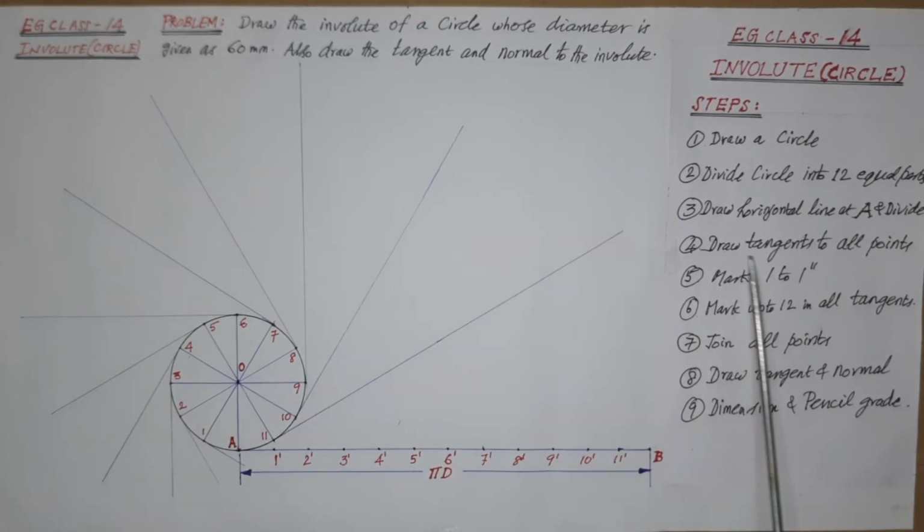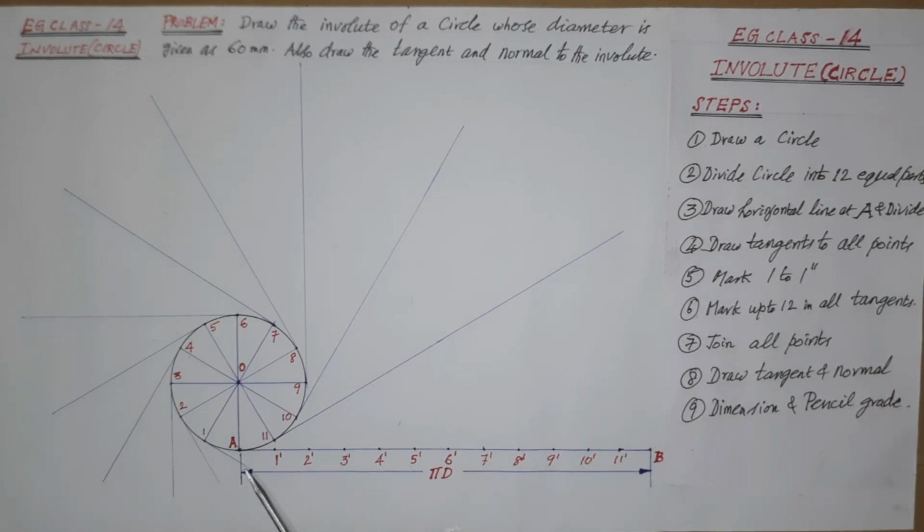As per step 4, draw tangents to all points. Here, draw a tangent to all circle points, that is at 90 degrees to the radius line as shown. While drawing tangents, to enable marking suitably, the tangents may be extended from 1 to 11 with successively increased length approximately.